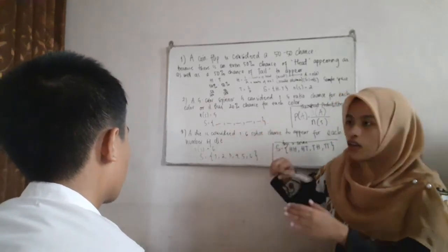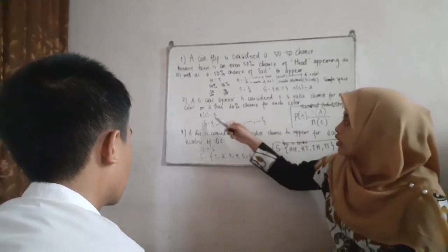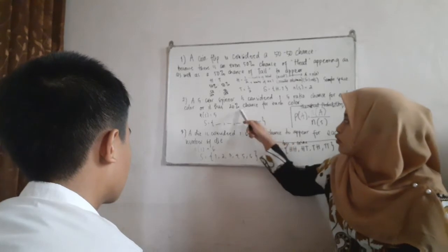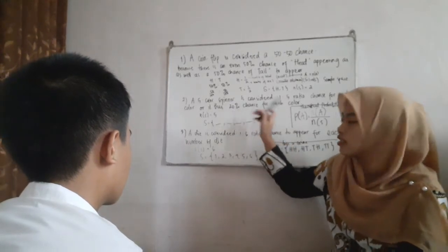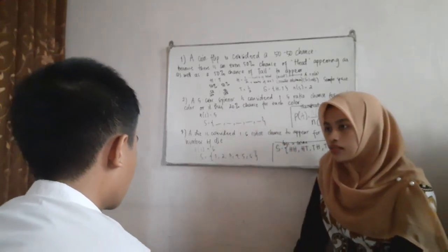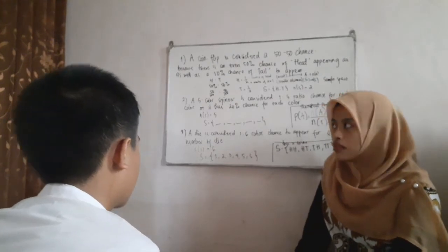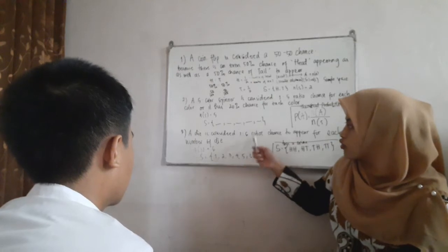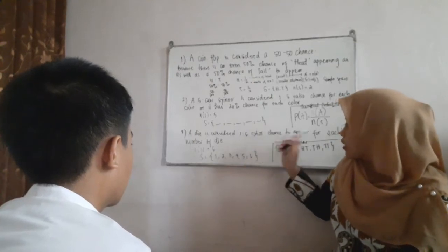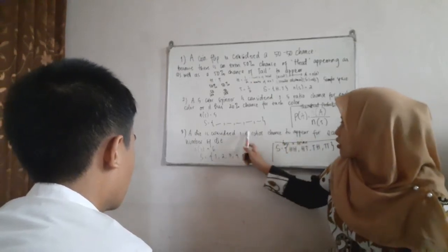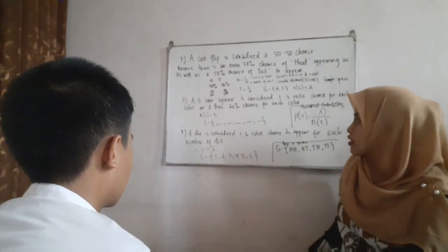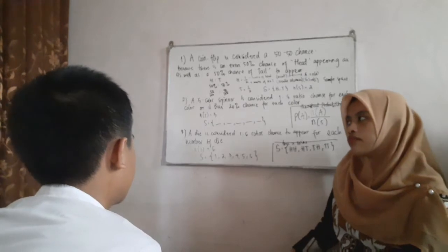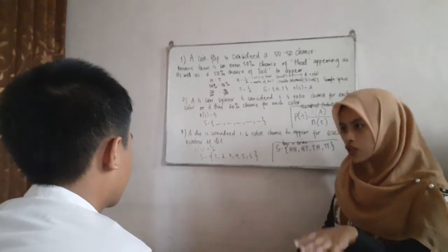If you roll a spinner for real and you do that more than one time, could you get a chance of 20%? Yes. And how about a die? If you throw a die, could you get a chance of 1 in 6? Maybe yes, Ma'am. But you look so uncertain.